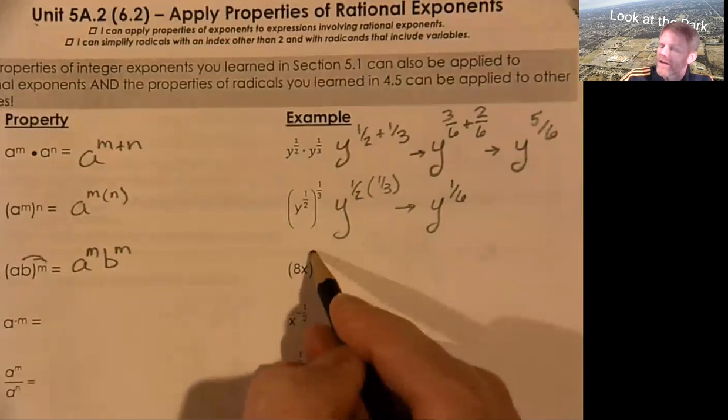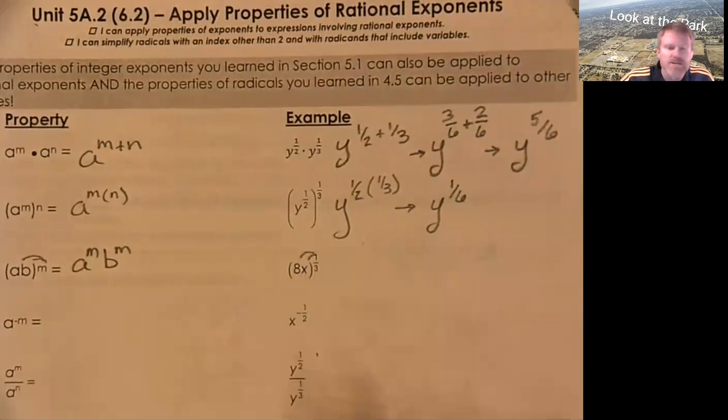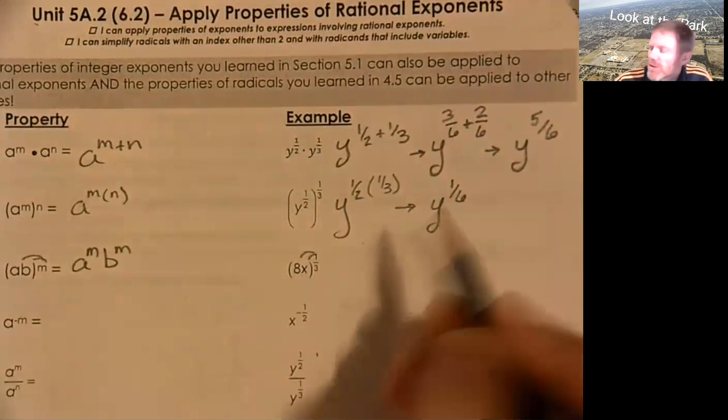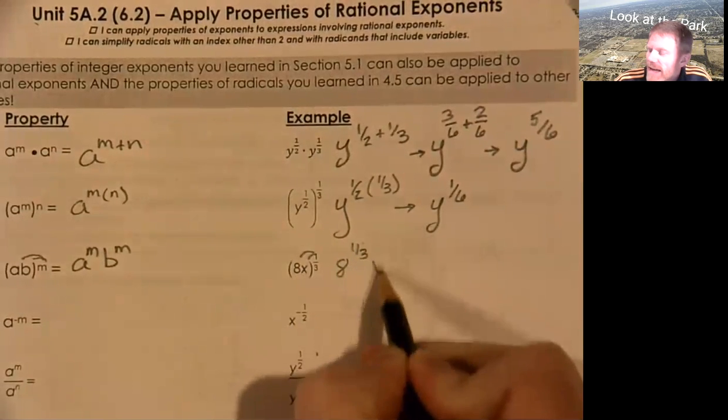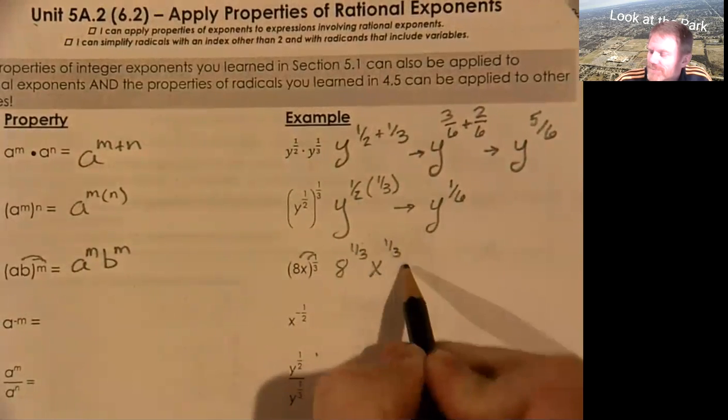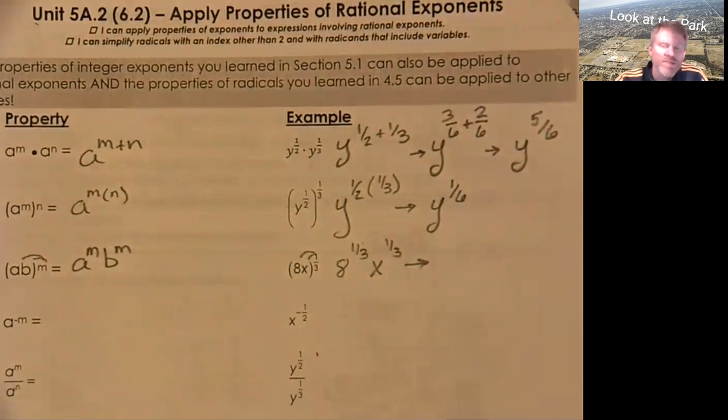In this case, we would distribute the 1/3 to both of these, and we get 8 to the 1/3 and x to the 1/3 power. 8 to the 1/3 power is saying the same thing as the cubed root of 8.